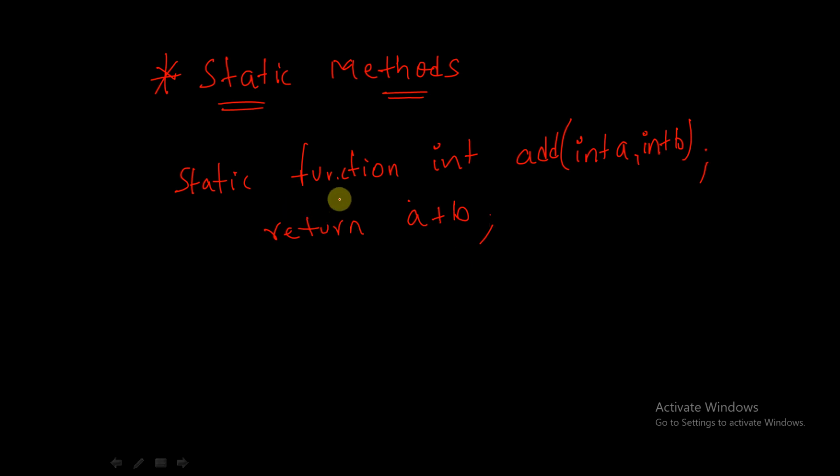So this is a static function. I think we have already discussed these static methods in our previous sessions, right? Do you remember anything? So it will basically act as a static method.